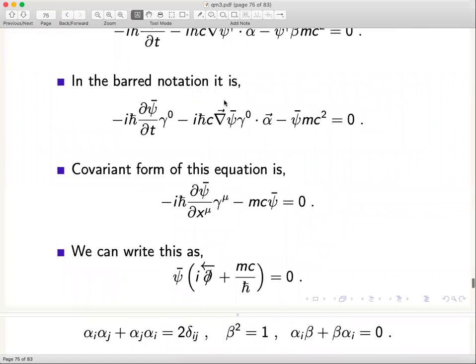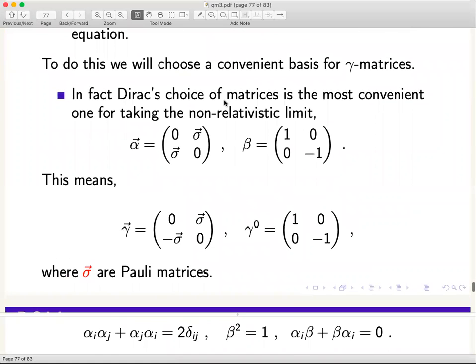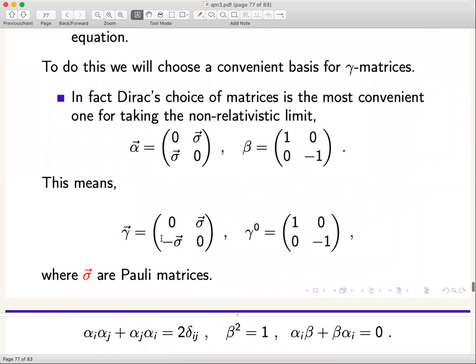Let's see how that works out. You take gamma dagger, then you get 0, sigma dagger sitting here, minus sigma dagger sitting there, and 0. Since sigma dagger is the same as sigma, you get a 0, a sigma here, a minus sigma there, and a 0.